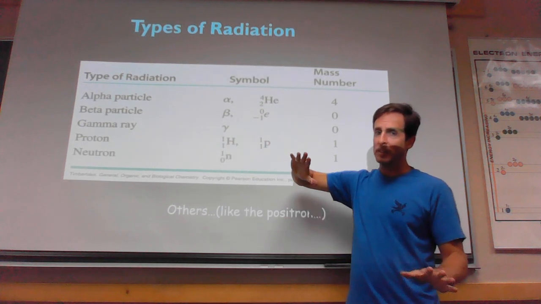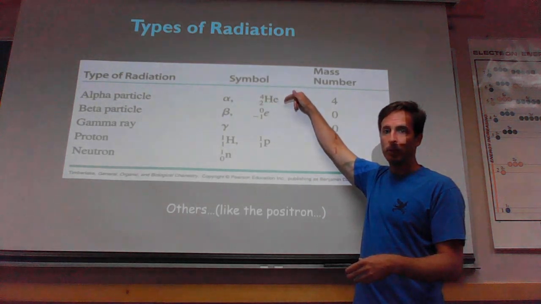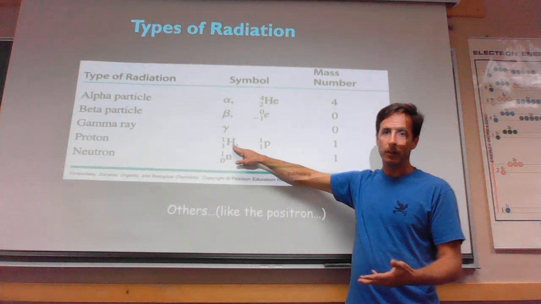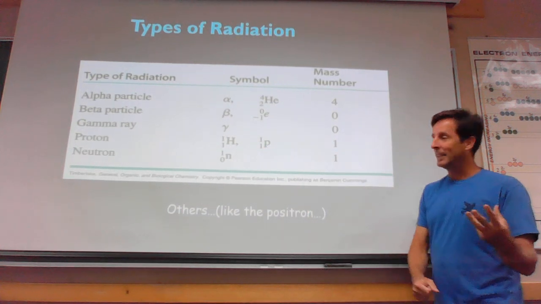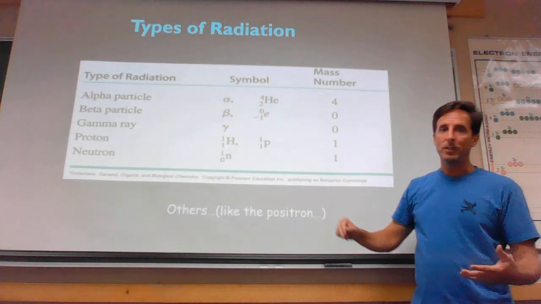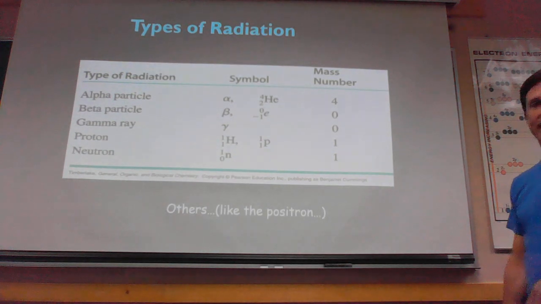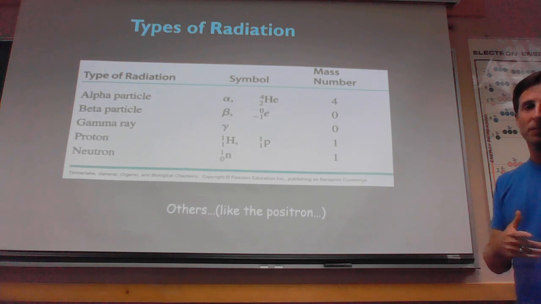And then most of the time, kind of like with the alpha particle where we call it a helium nucleus, with a proton, we're going to call it a hydrogen nucleus. Okay, so it's 1,1H. It is okay to use a lowercase p to represent the proton. The problem with that is a lowercase p and a capital P for phosphorus kind of look similar, and that could be confusing.